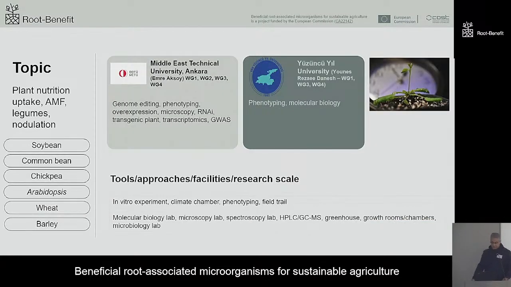The Middle East Technical University has a team specializing in molecular biology, and they use field crops mainly. And also we have another team in one city of Turkey, and they are studying phenotyping and molecular biology. They are investigating some interactions between plants and root-associated bacteria in their labs.